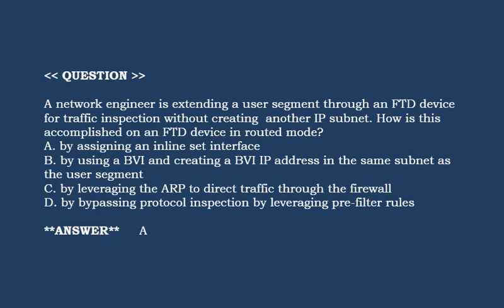Option B by using a BVI and creating a BVI IP address in the same subnet as the user segment. Option C by leveraging the ARP to direct traffic through the firewall. Option D by bypassing protocol inspection by leveraging prefilter rules. Correct answer is option A.